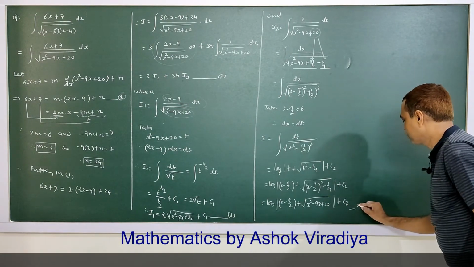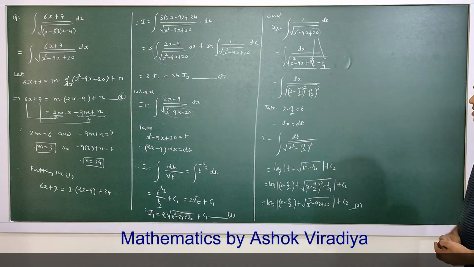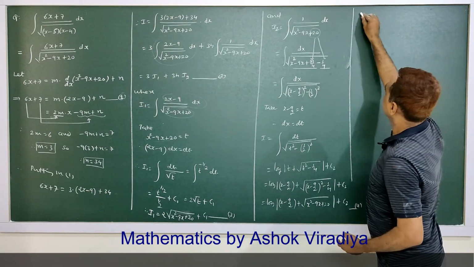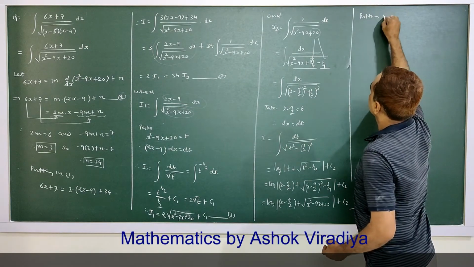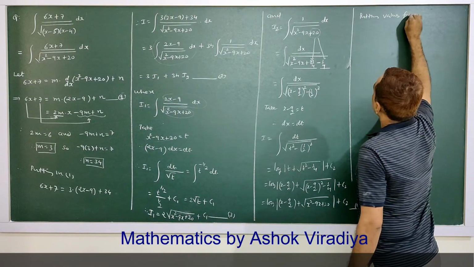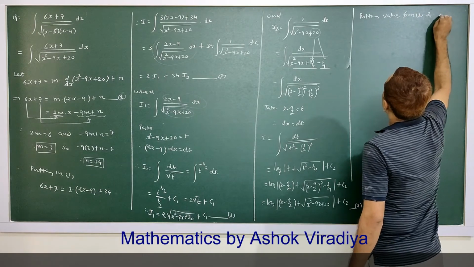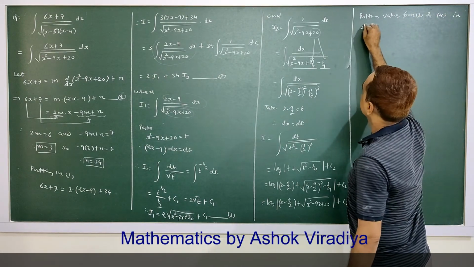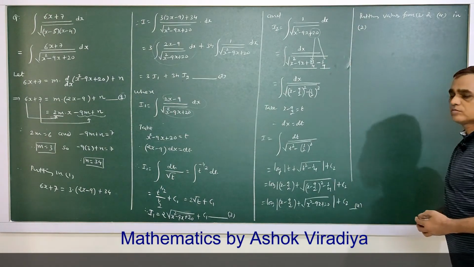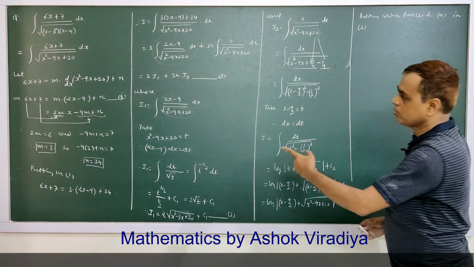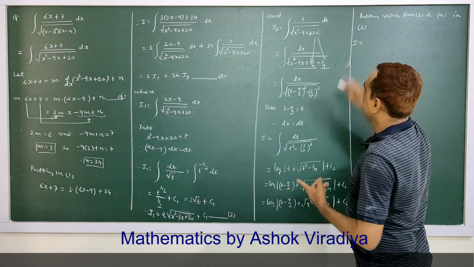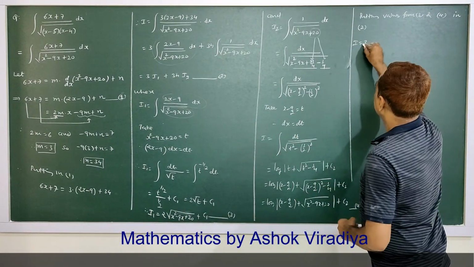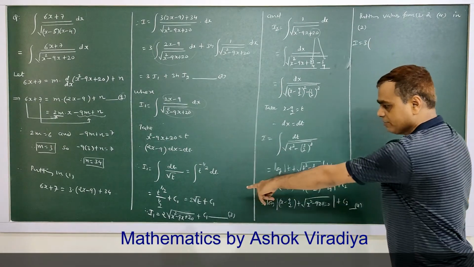This is 4. So from 3 and 4, we are putting values in equation 2. We have the integral equal to 3 times I1. What is I1?